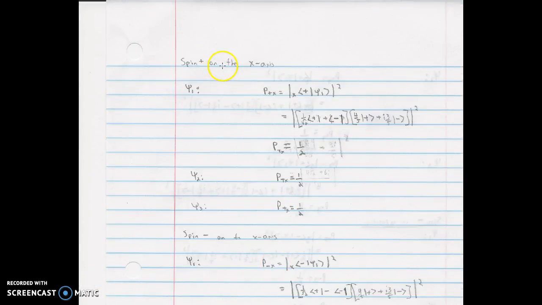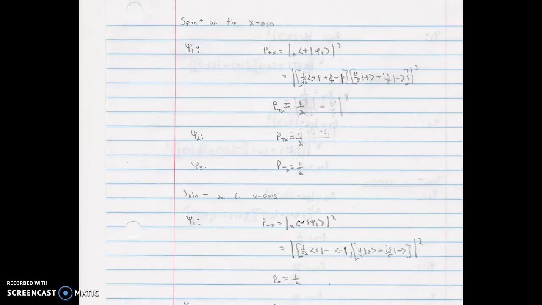Continuing with this, we move on to the x-axis. So for spin plus on the x-axis, we do the same thing, except the ket for the x-axis is a little bit different. We have this right here instead. So for phi 1, we go through the steps, and we get probability 1/2. We do the same thing for phi 2 and phi 3, just replacing phi 1, and we get 1/2 for both of those probabilities.